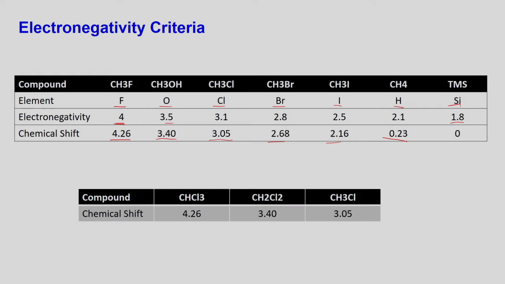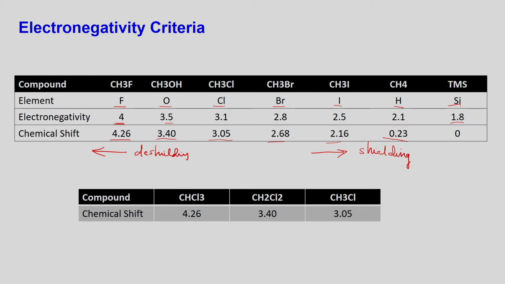So, towards this side you have higher shielding, and towards this side you have deshielding. That is why it is important to know these particular atoms. Now, if I have 3 electronegative atoms, what happens?